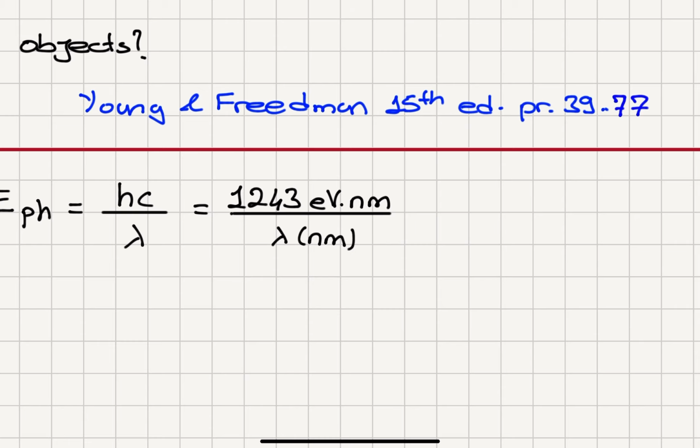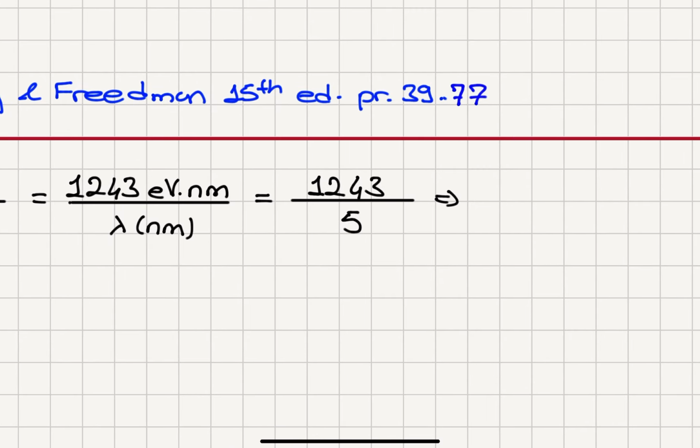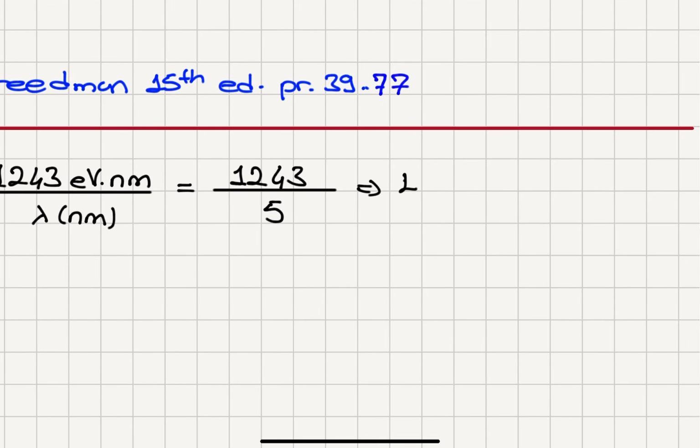So if we put 5 nanometers for the wavelength, it's 1243 divided by 5. This gives us a photon energy, E photon, to be 249 electron volts.